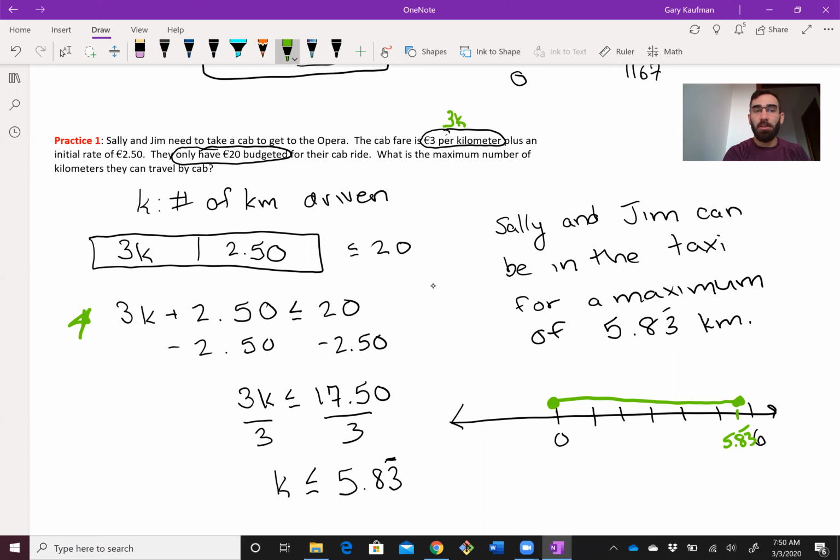Only have a budget means less than or equal to that because we could spend up to our budget. I got this answer 5.83. Well, I don't have to round for kilometers because we can have a 0.83 kilometer. Again, notice that my graph, I stopped at 0 because I can't have less than 0 kilometers.